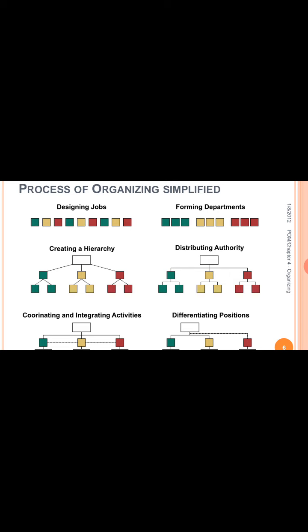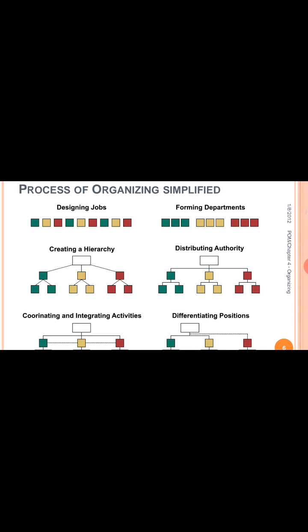In the next part, alongside, they have made a department of green, then yellow, then red. It shows that they have made departments according to the similarity of the work. The same happens in real work: we have to make departments according to the similarity in the nature of work.